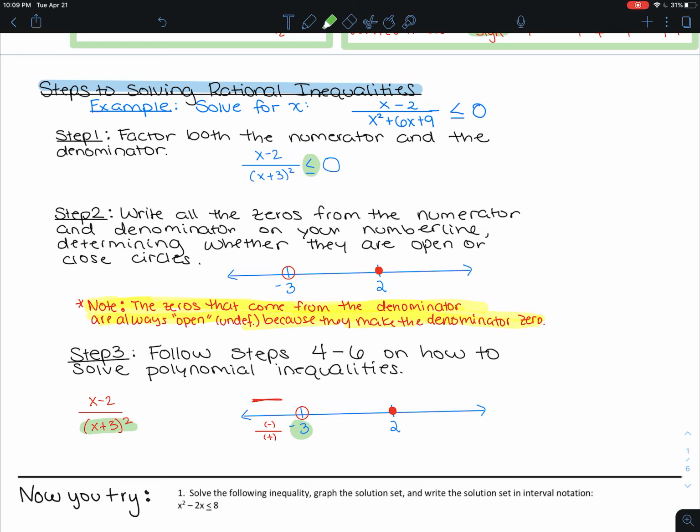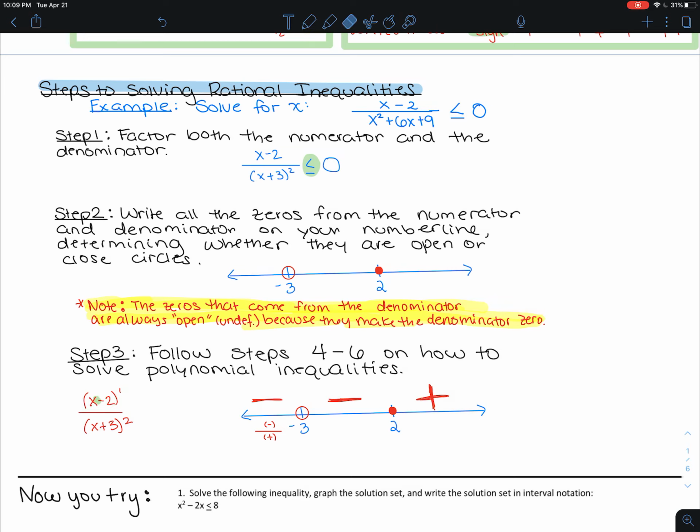The power is even, so my next sign is going to stay the same. So I have a negative again. And then the 2 came from the numerator, which has an odd power. There's an imaginary one there, so it has an odd power. So now the sign's going to change. So it went from negative to positive.